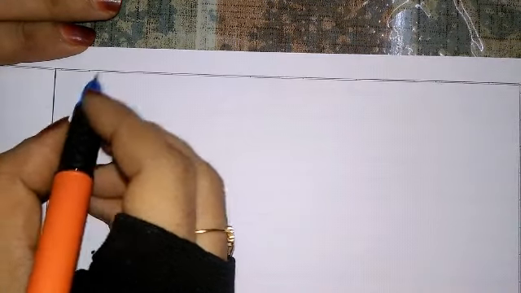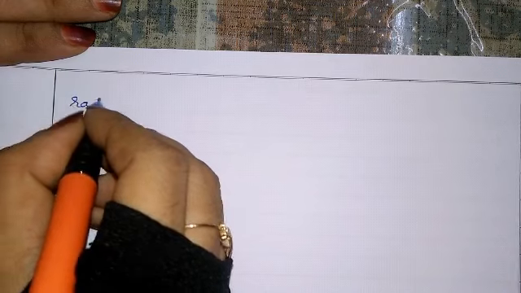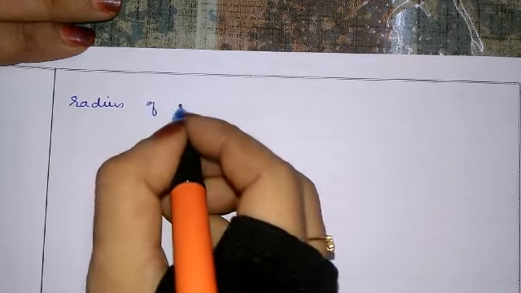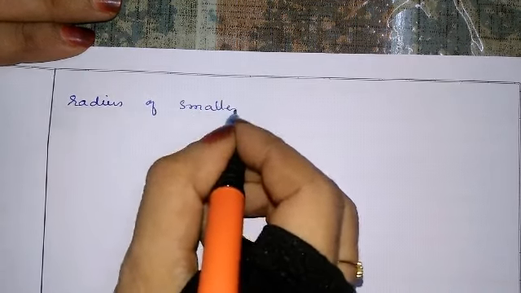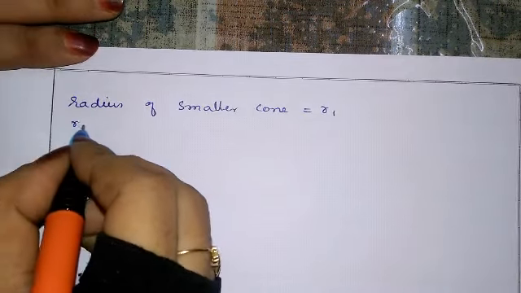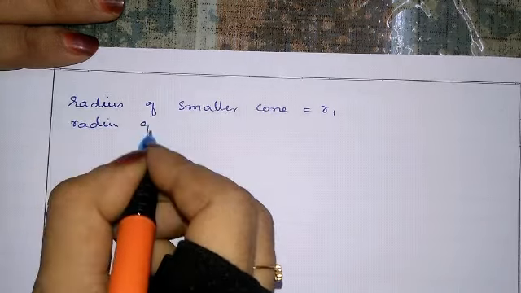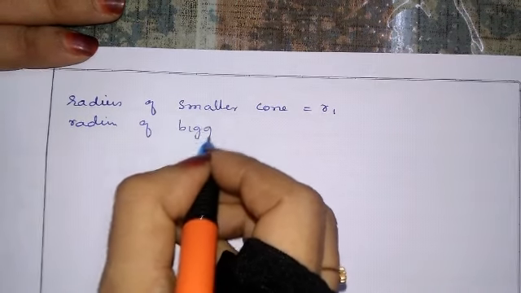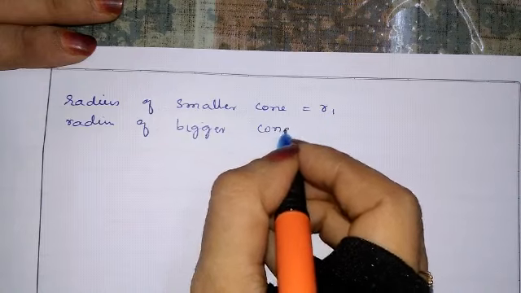Let us write the given things. Height of the smaller cone is h1. Radius of the smaller cone is r1, and radius of the bigger cone is r2.